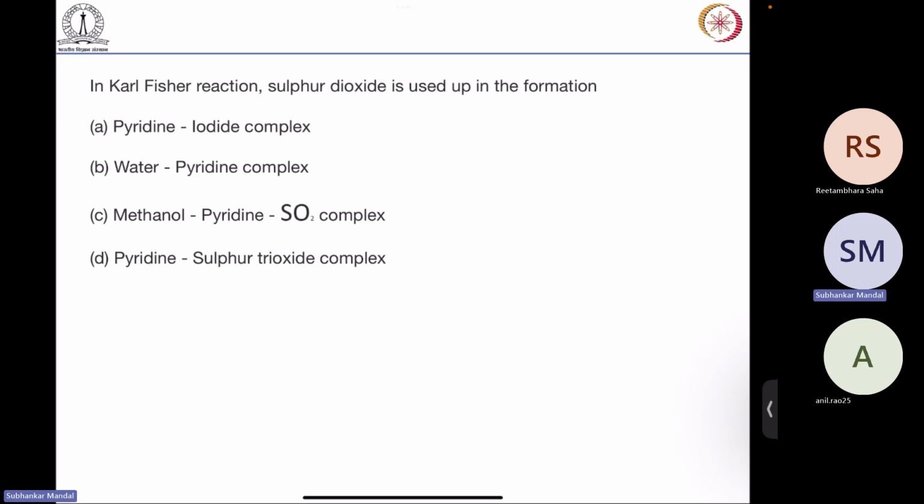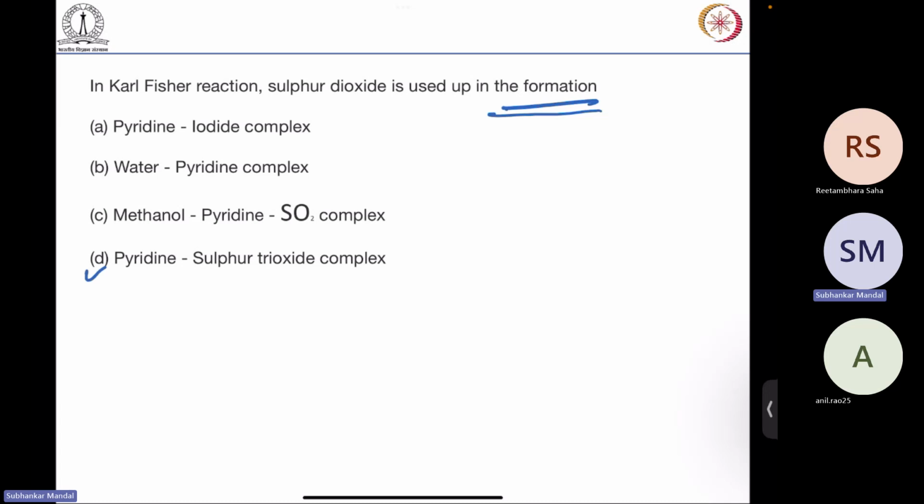This one also all people should tell; it is quite easy, we have discussed. What is it used to form? Yeah, Anil has written D, pyridine sulfur trioxide complex.